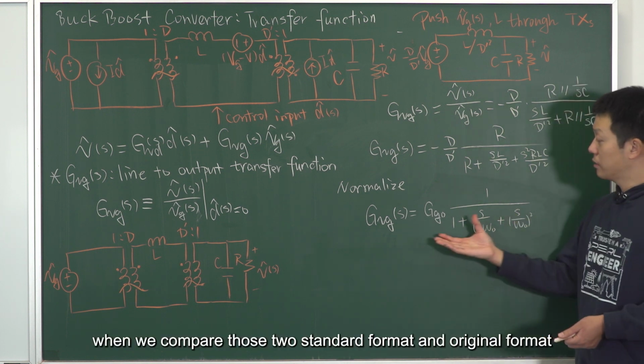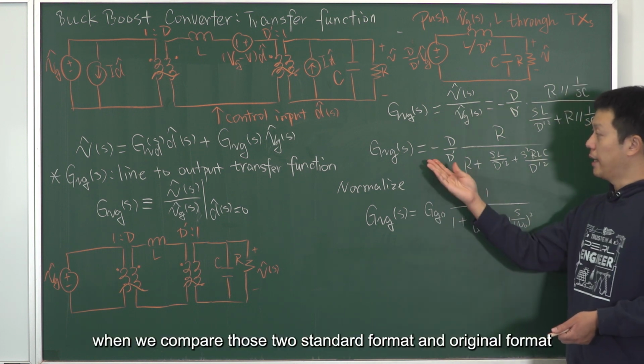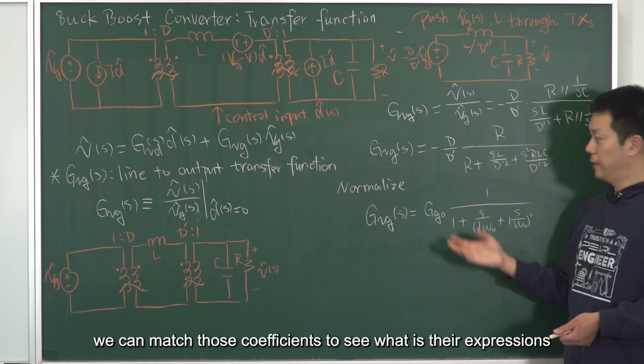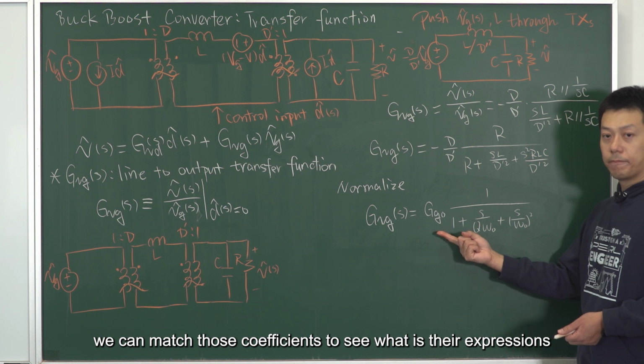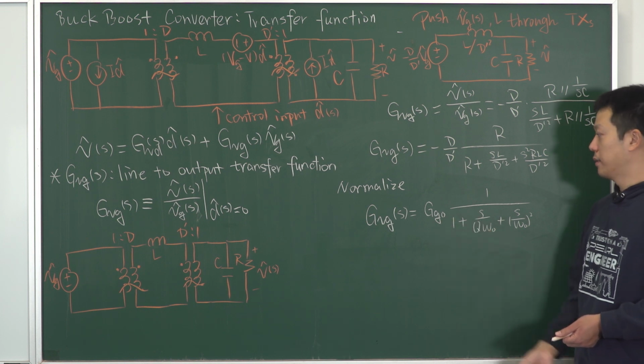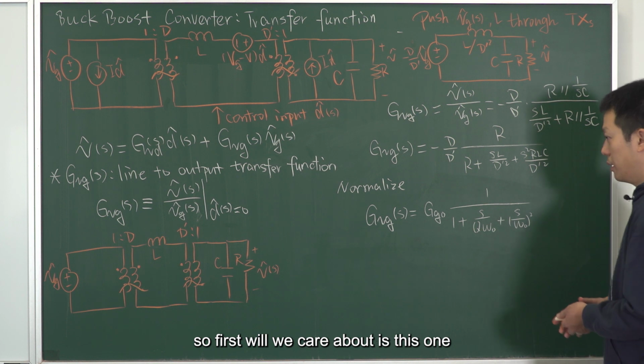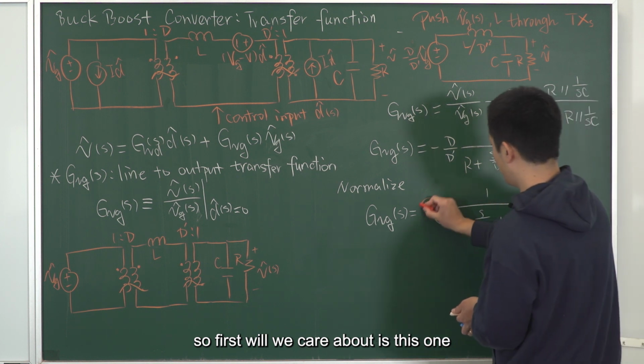Then we compare those two, the standard format and the original format. We can match those coefficients to see what their expressions are. So first we care about is this one.